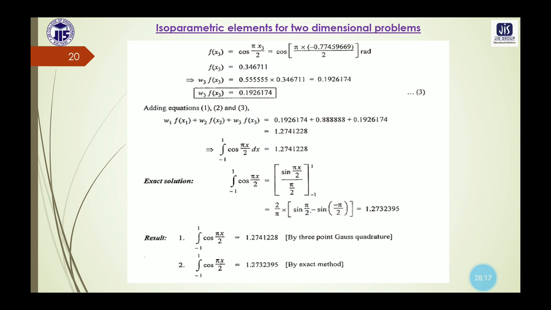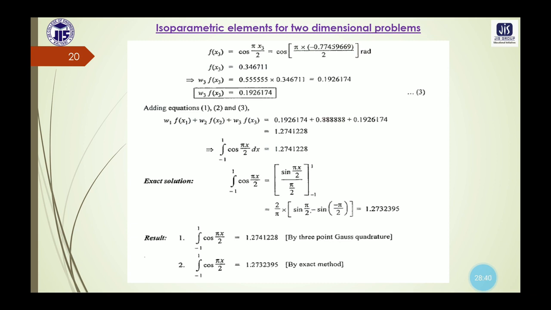Next, for fx3, it is cos pi x by 2, and putting the value of x3 here, we have calculated the value of fx3, which is 0.3467. Now that means the value of w3 into fx3 is coming as 0.1926, which is our equation number 3.